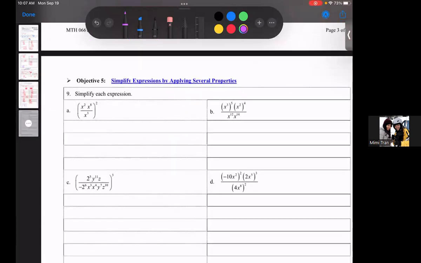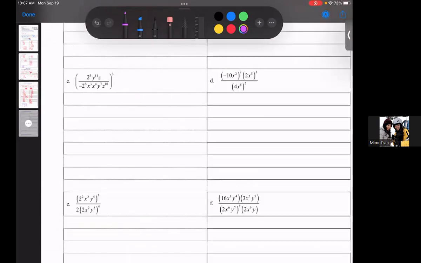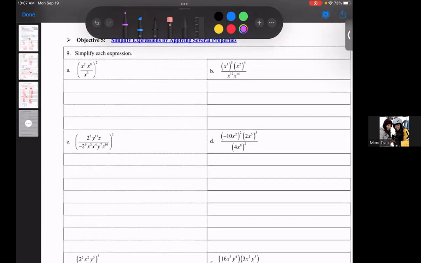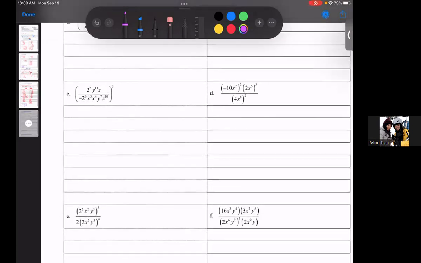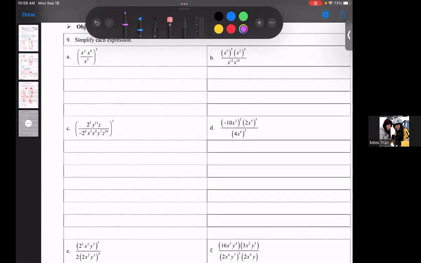Objective 5, last one. Yay. It's basically a review of what we did. So let's do this. You guys do A and B on your own first, and then we'll do the rest together.